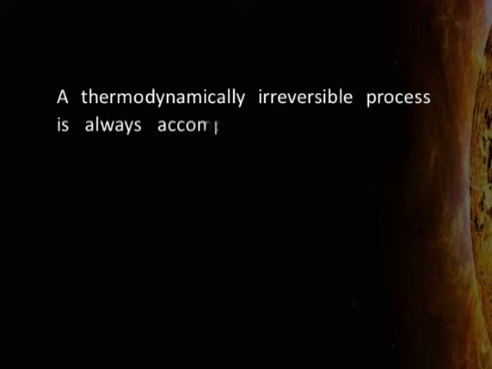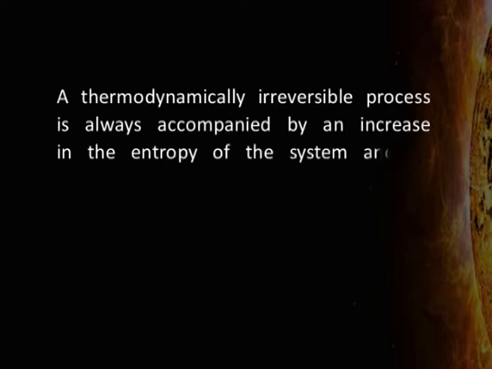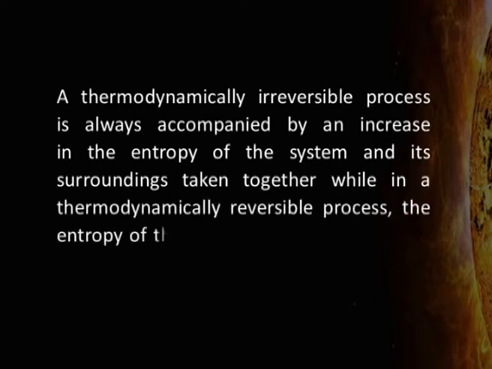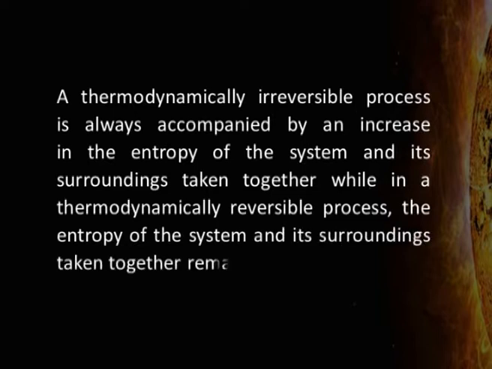Hence, we can conclude that a thermodynamically irreversible process is always accompanied by an increase in the entropy of the system and its surroundings taken together, while in a thermodynamically reversible process, the entropy of the system and its surroundings taken together remains unaltered.